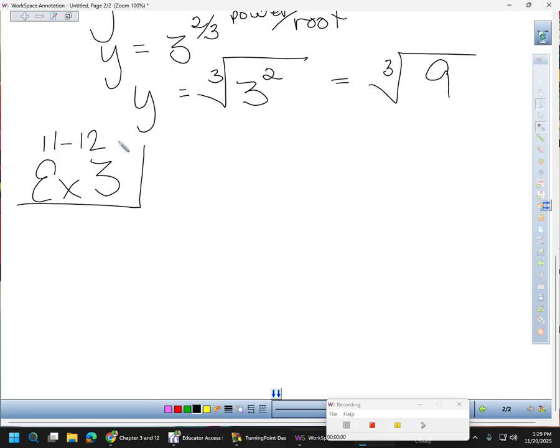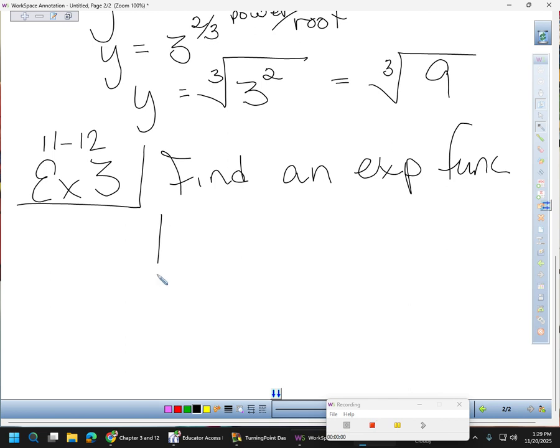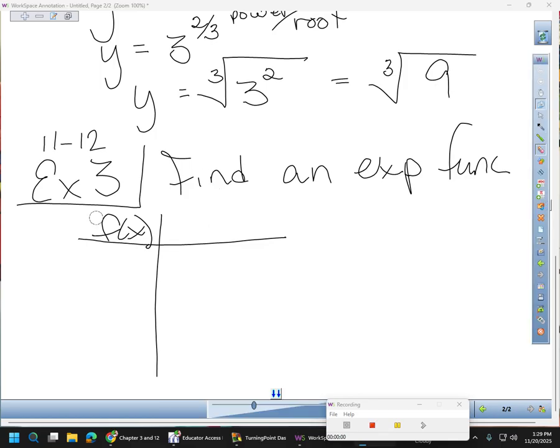All right. 11 and 12. Guys, find an exponential function for, whoops, I meant to put x and f of x.